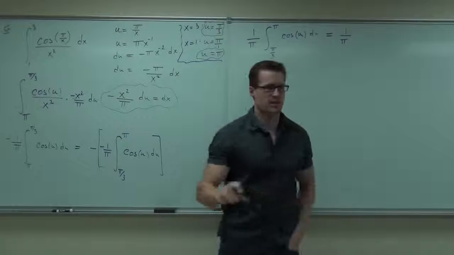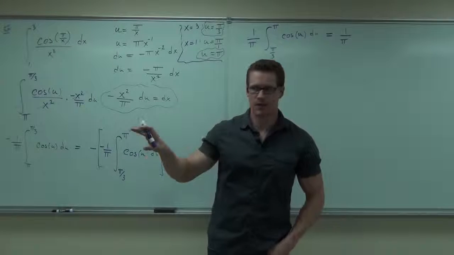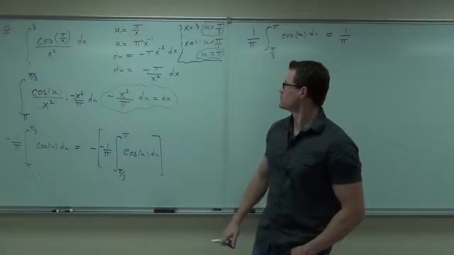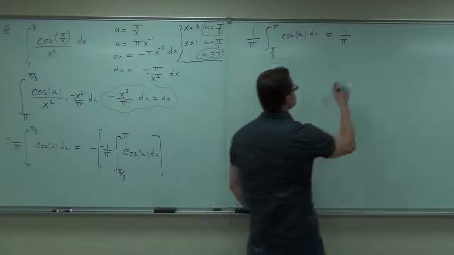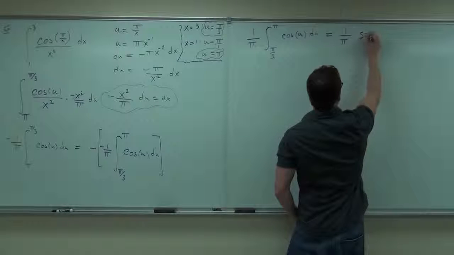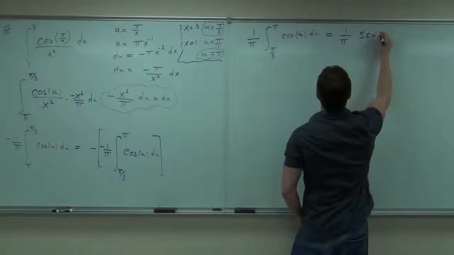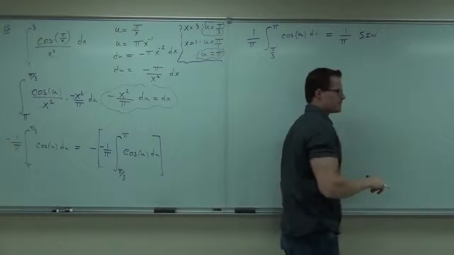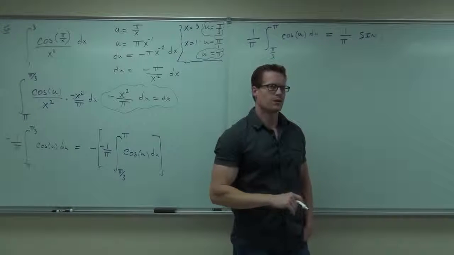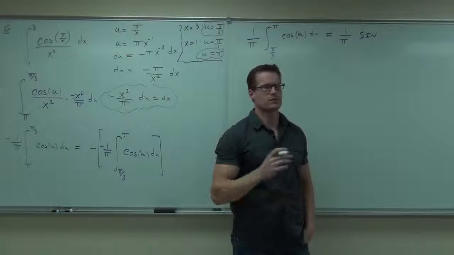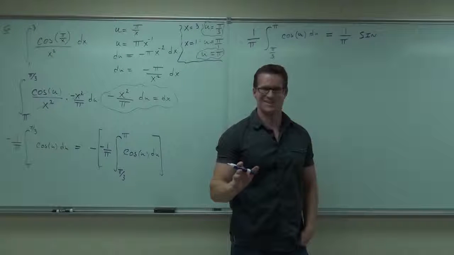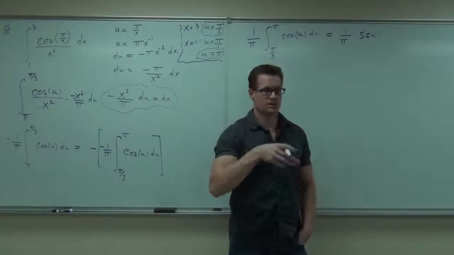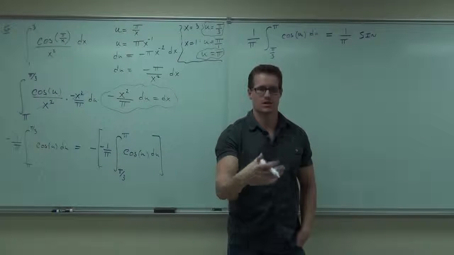Remember, it's positive now because the negative gave us that positive. Oh yeah, by the way, the integral of cosine, sine or negative sine? Sine. Good. That would change your problem, right? Remember that the derivative of sine is positive cosine, so the integral of positive cosine is positive sine.